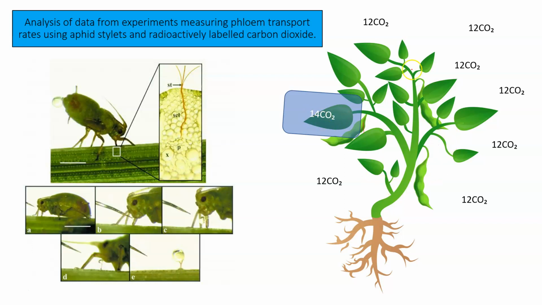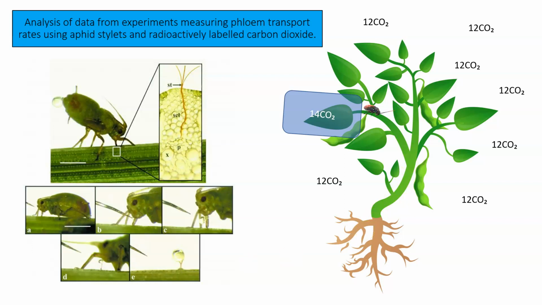All the other leaves were exposed to the normal form of carbon dioxide, which is just abundant in the atmosphere. They were therefore able to track the movement of solutes from this particular leaf throughout the plant. Did the phloem transport solutes from this leaf and move them everywhere in the plant, or did they stay localized from source to sink? That's what they wanted to find out.